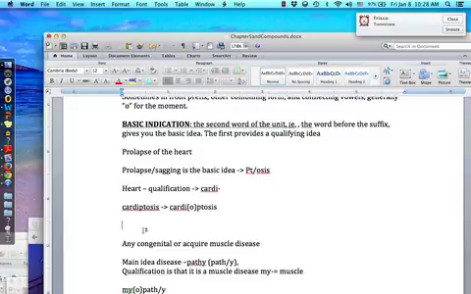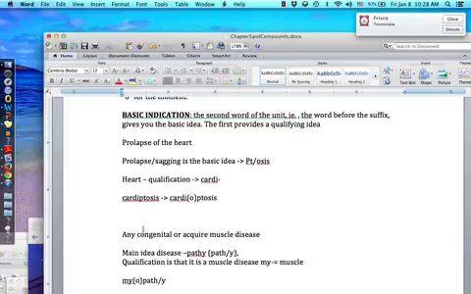Same, for example, for the word for any congenital or acquired muscle disease. The main idea is that it is a disease, and the fact that it is a muscle disease is a qualifying idea. So disease is pathy, which you could break down into path and y, because it's an abstract noun of the suffering root.